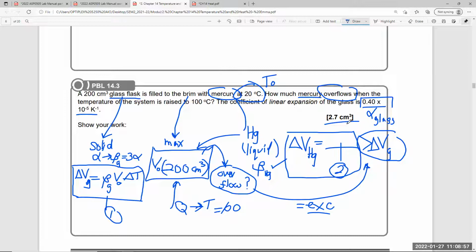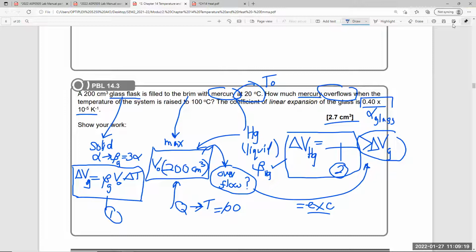If you get 2.7, you are correct. Sometimes even with given answers, not all of you get the same answers. Importantly, make yourself confident by first finding the expansion, because this is the fundamental of thermal expansion, or what we call volume expansion.